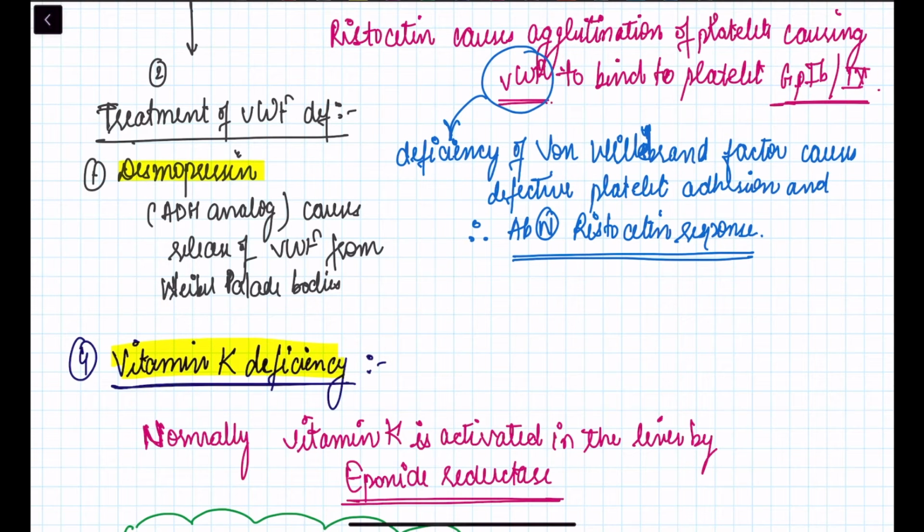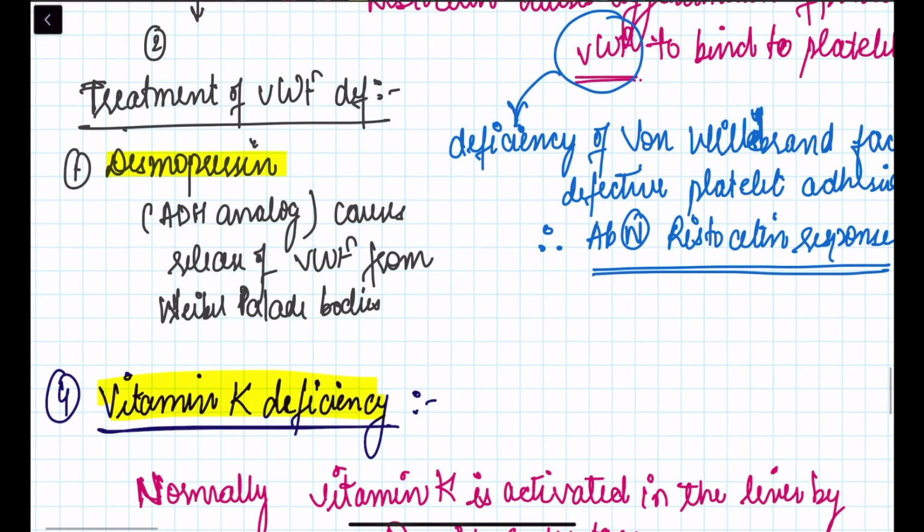So the treatment of von Willebrand factor deficiency will be desmopressin. Desmopressin is an ADH analog which causes release of von Willebrand factor from Weibel-Palade bodies. And something which I missed earlier is you can remember Weibel-Palade bodies from the name von Willebrand factor itself. We generally write small v, capital W, capital F. So this middle capital W is for the Weibel-Palade bodies.